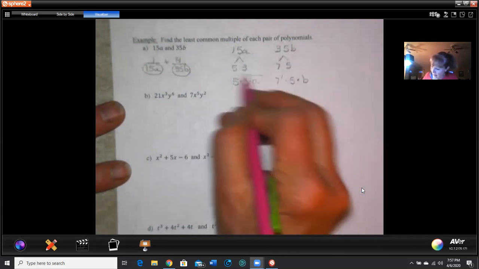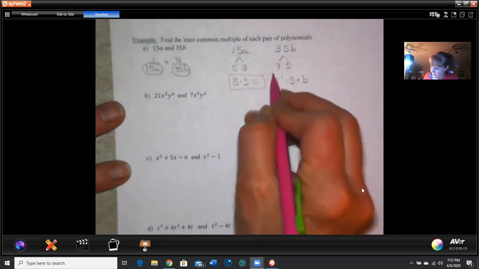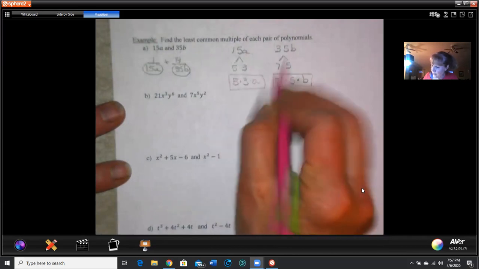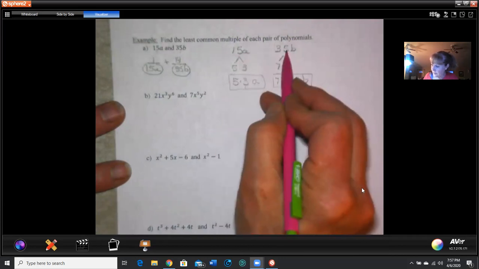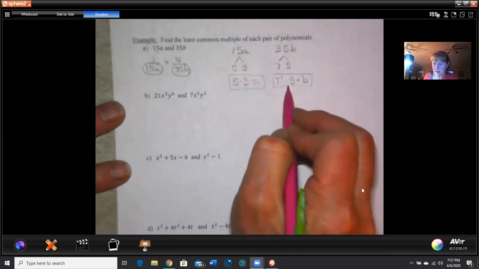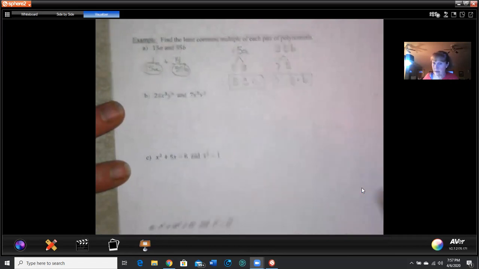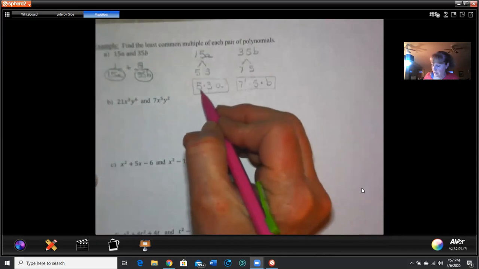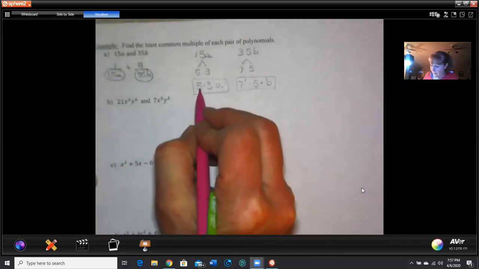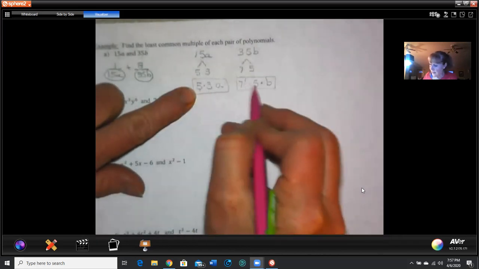So now I have these two. I've rewritten 15a in primes, 35b in primes. So the least common denominator is, it doesn't matter what number you start with, let's start with 5. I've got a 5 here. I also have a 5 here.